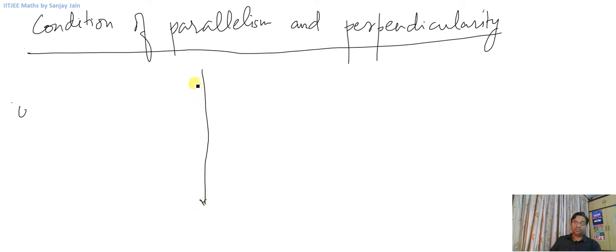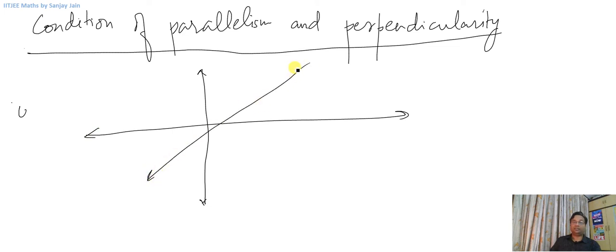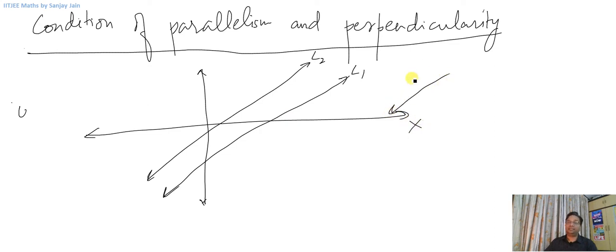Let us say this is the coordinate axis, and we have these two lines which are parallel to one another. Let this be line L1, and let us say this is L2. So these lines are parallel to each other, right? And this line, which is nothing but x-axis here, is acting as the transversal.